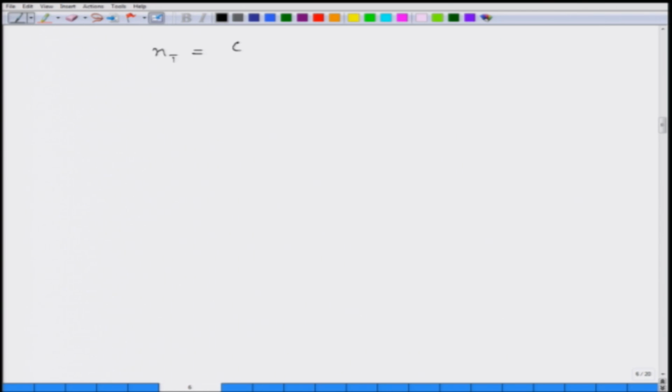That is given by C_n, which is known to me, times the number of electrons in steady state times P_1 total number of trap states, divided by C_n (n_1 plus n) plus C_p (p plus p_1). So, I know the concentration of trap levels which are filled.